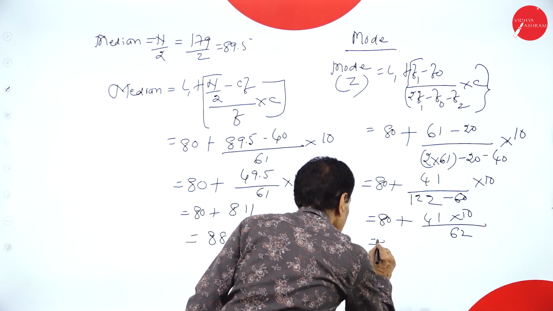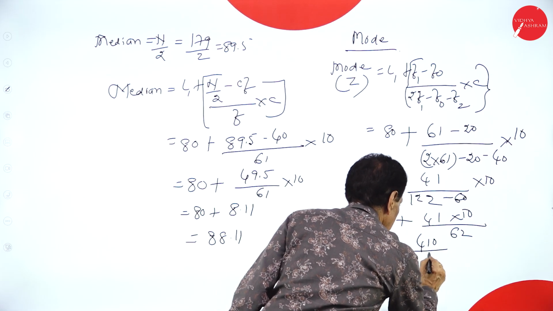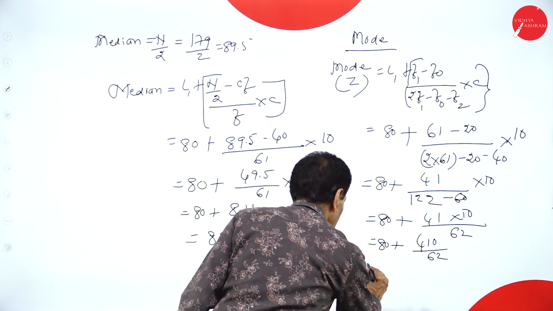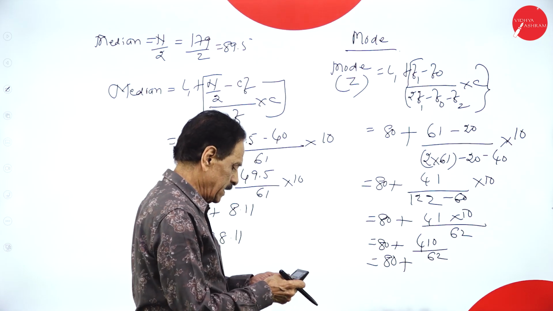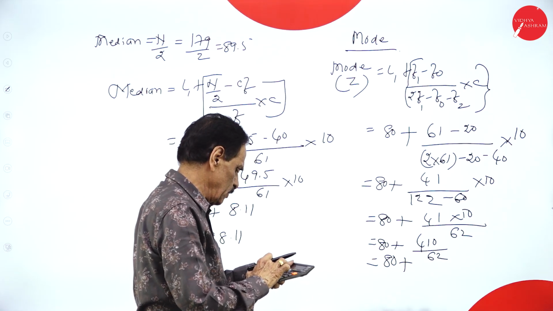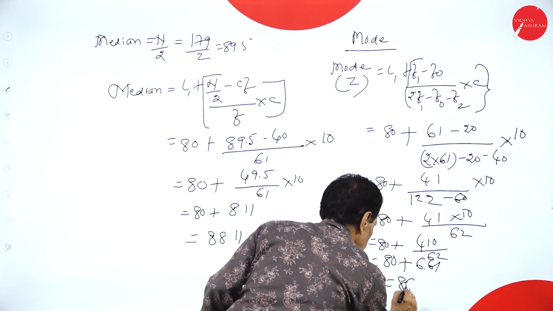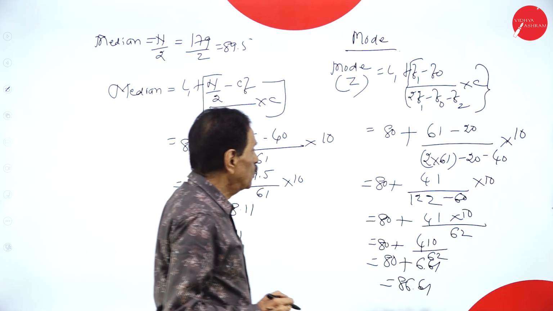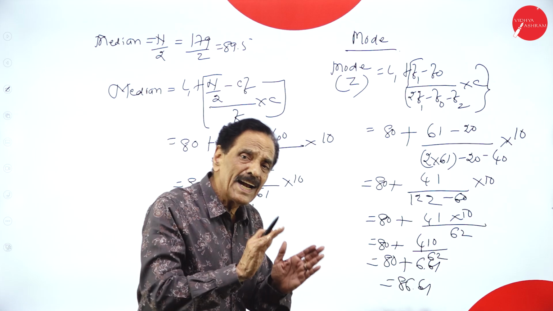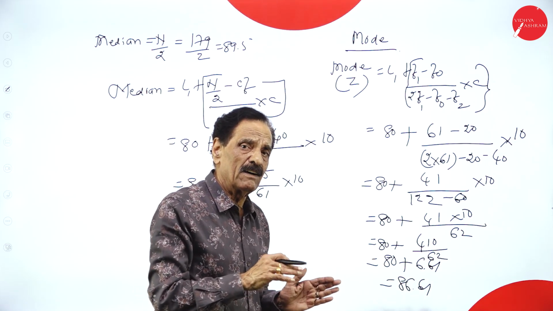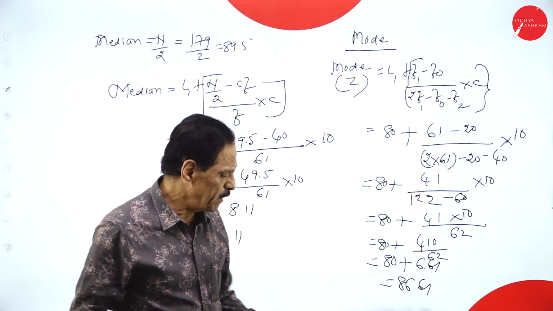This is 80 plus 410 divided by 62. 410 divided by 62 is 6.61, so 86.61. But don't divide like this, saying 10 fours are 40, it is not in mathematics. Add and divide, or subtract and divide. We'll move on to the next problem now.